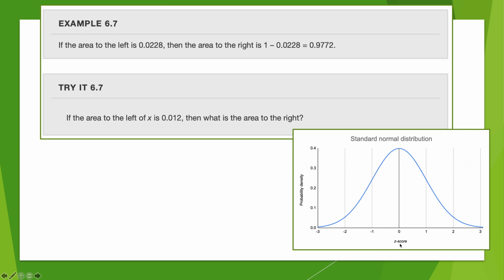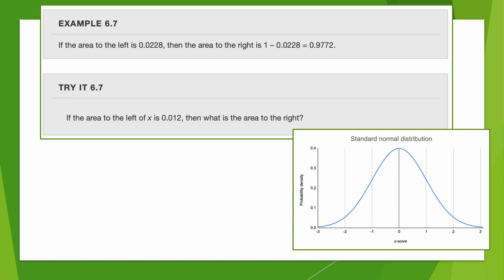So if the area to the left is 0.0228, then the area to the right has to be 1 minus 0.0228. Remember how we did the probability of A and not A: the probability it rains and the probability it does not rain must add up to 100%, or 1.00. The probability that it rains is 80%, so the probability that it doesn't rain is 20%.